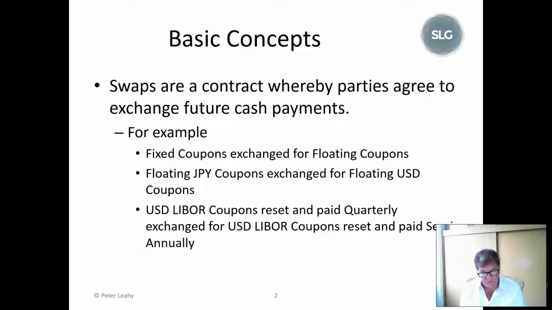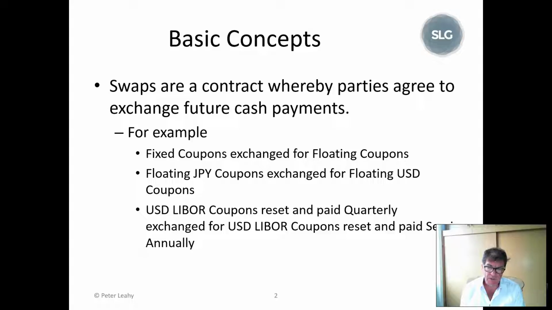I've also referred to the third of these bullet points, US dollar LIBOR coupons paid and reset quarterly, exchanged for US dollar LIBOR coupons paid and reset semi-annually, half-yearly. That as well is a basis swap. The second bullet point there would be called a cross-currency basis swap. The third would be called a tenor basis swap.